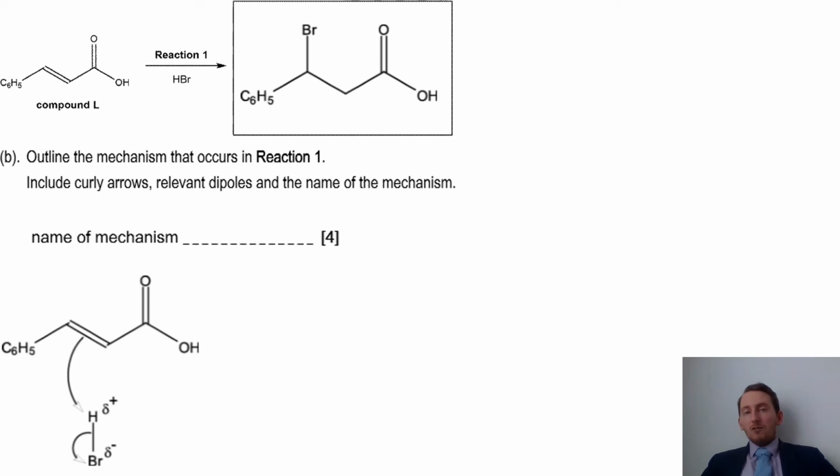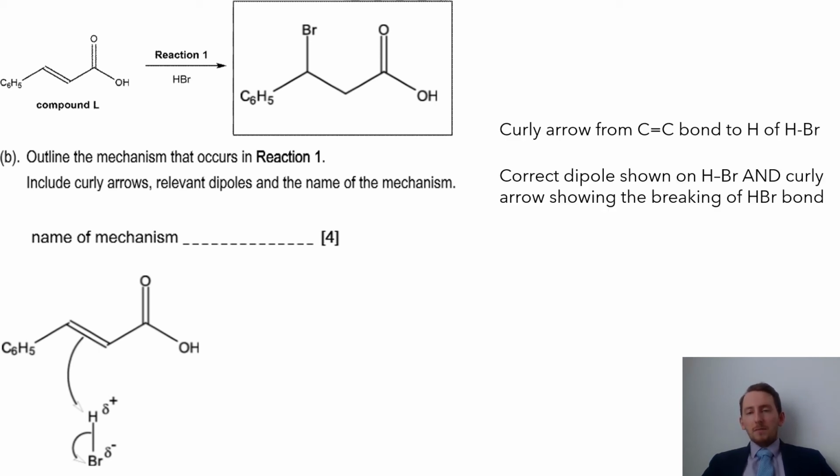Now that arrow needs to make sure it starts from the double bond. Make sure that is clear as day. Curly arrow pointing to the delta positive hydrogen. And then we have the electrons in the bond between the H and the Br going to the bromine. Those two things need to be there to start with.